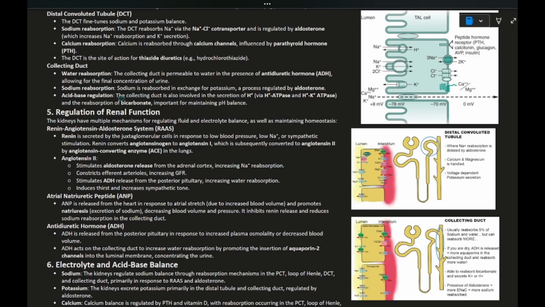There is also acid-base regulation occurring in the collecting duct, specifically through the secretion of the H plus proton and the reabsorption of bicarbonate. Once again, this is important for maintaining pH balance, and the H plus proton will be secreted through the H plus ATPase channel and the H plus K plus ATPase coupled channel.